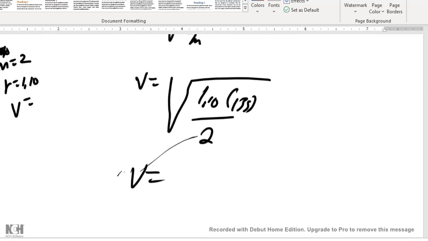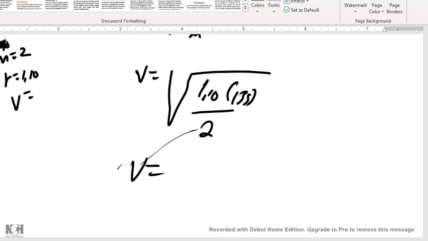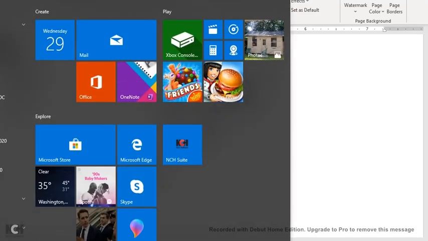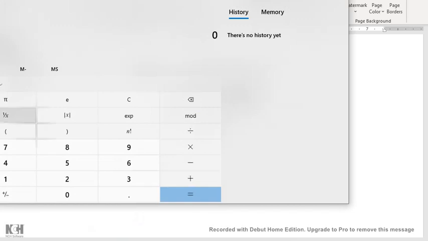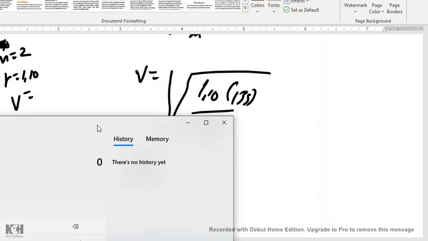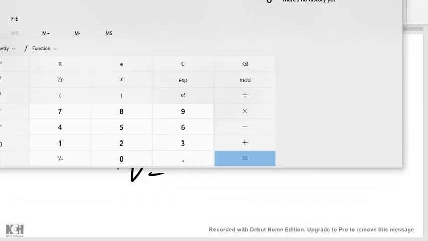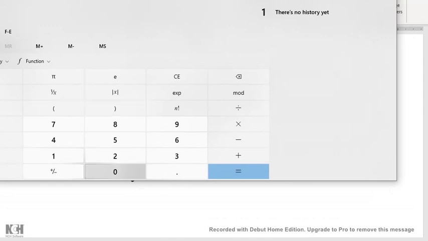Since I'm here, let me go ahead and get this one. I've got 1.1. Watch my calculator. What are my numbers? I got 1.1 and 135. I like to do 1.10 times 135, enter, divide by 2, enter.